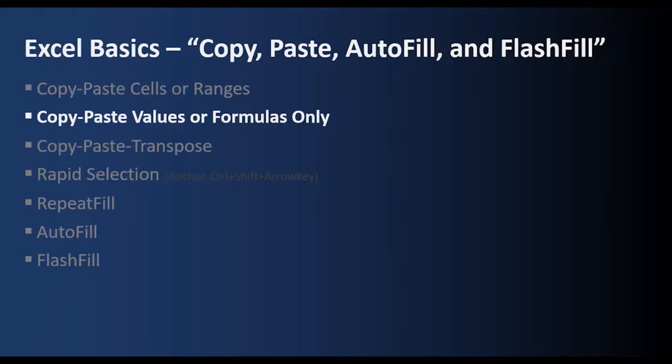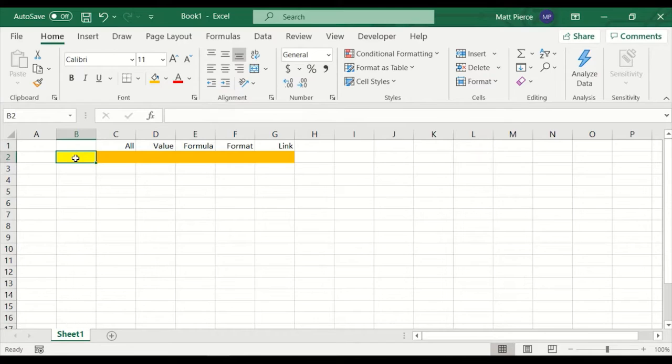Next up, how to copy paste values or formulas only, not everything, just the values or just the formulas. So I've set up some sample cells here. These are all orange background. This is yellow background. There's some titles basically representing copy all cell contents, copy the value, copy the formula, the format, or the link.